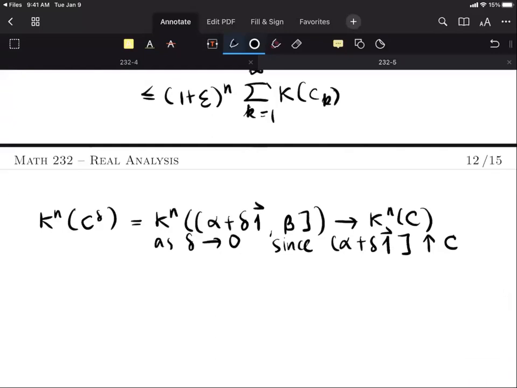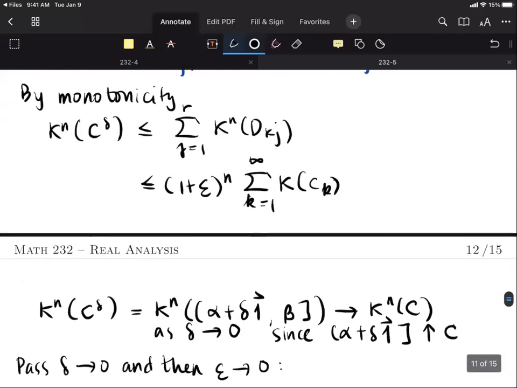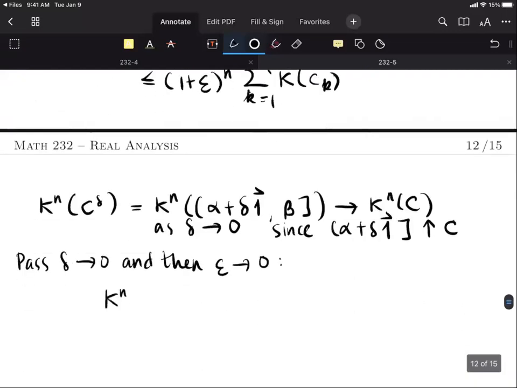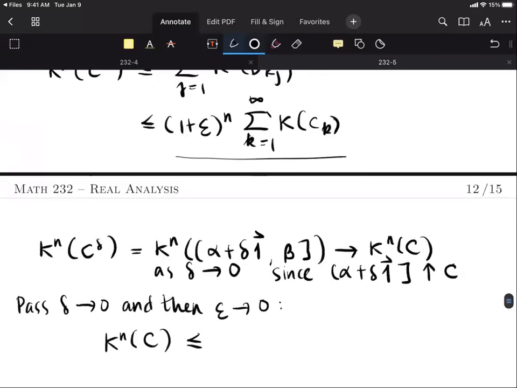So we can now pass delta to 0 and then epsilon to 0. Passing delta to 0, we get instead the elementary content of the cell C. Here, if you pass epsilon to 0, the coefficient here would tend to 1.